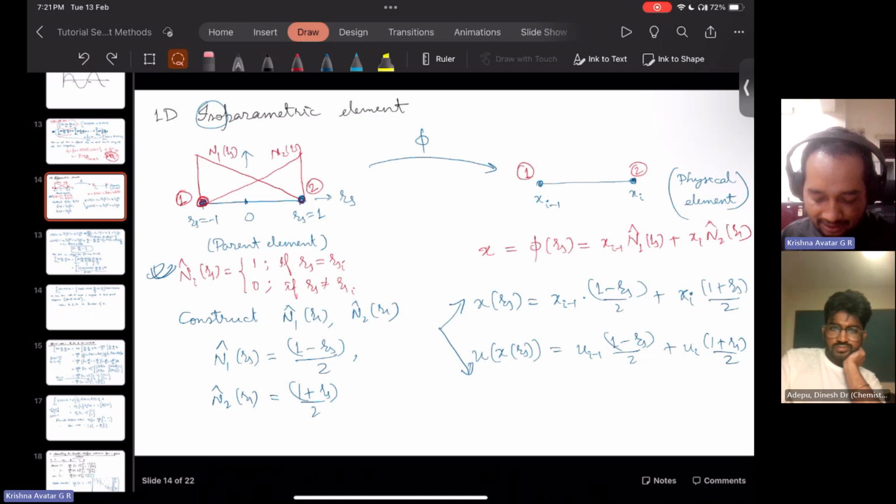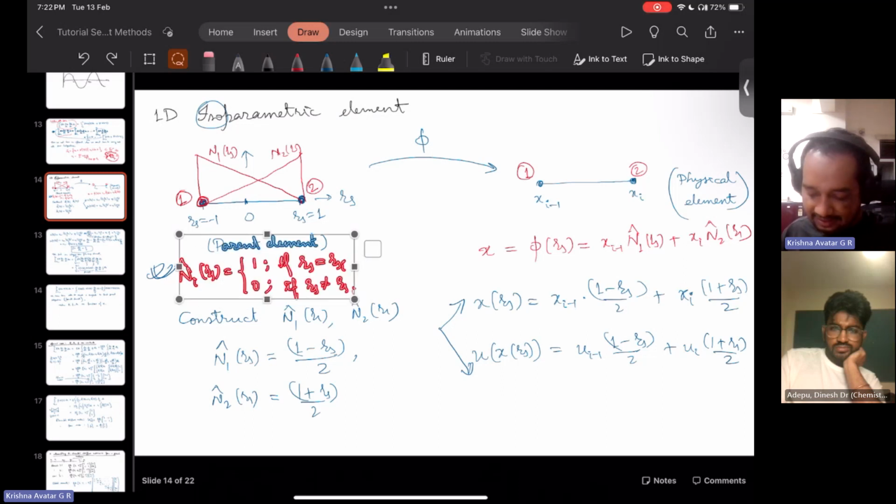So we are taking one model interval which goes from -1 to 1, and then mapping it to one segment of our domain, from x_{i-1} to x_i. So we are mapping from the parent element to the physical element. And then we are constructing shape functions for that.